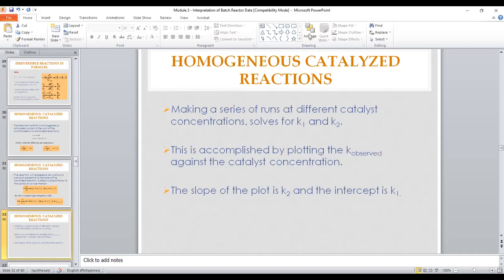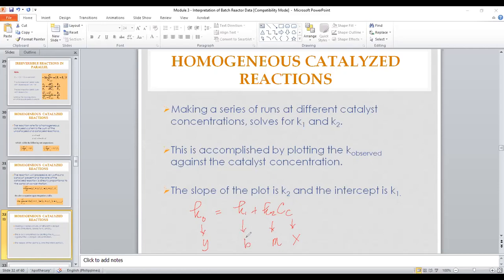Remember that Levenspiel represented K observed as K sub 1 plus K sub 2 C sub C. So you are to plot this against this. The plot will give you a slope, which is K sub 2, and a y-intercept, which is K sub 1.